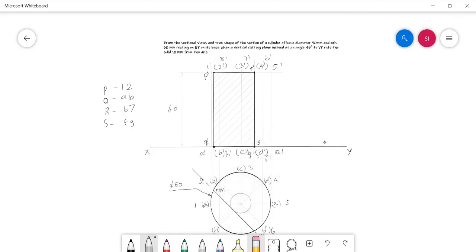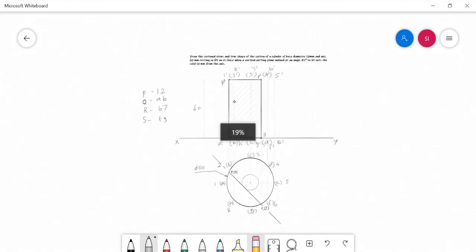Now we need to highlight the retained portion in the front view also by considering the top view. This portion is the retained portion and that portion is the removed portion. The same should be reflected in the front view also. In the front view, the removed portion is in the mild sketch and the retained portion is also in the mild sketch. So now we need to darken the retained portion parts with the HB pencil.